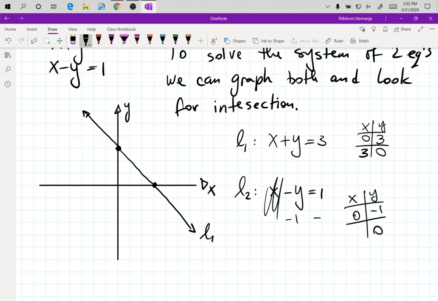When you divide both sides by -1 to get Y alone, you get -1 for Y. And for the X value, when Y is equal to 0, that goes away, and you just have X minus 0 is 1, so X is 1. So I have Y equal -1, and X equals +1, and then we draw the line. So there's the intersection, 2 in X and 1 in Y.